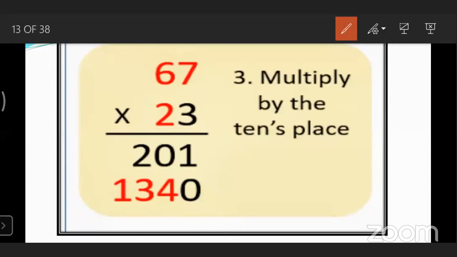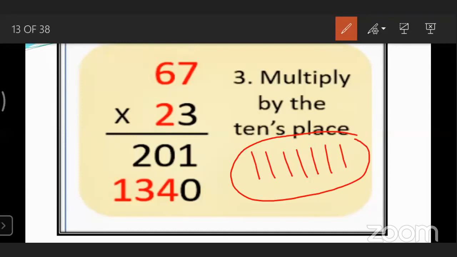If you don't know the table, sometimes we forget the table. At that time, you make a bunch of 7, 2 times. For example, see, I am drawing sticks here. 1 2 3 4 5 6 7. I have drawn 7 sticks, right? How many times will I draw this? 2 times, because we are multiplying 7 by 2.